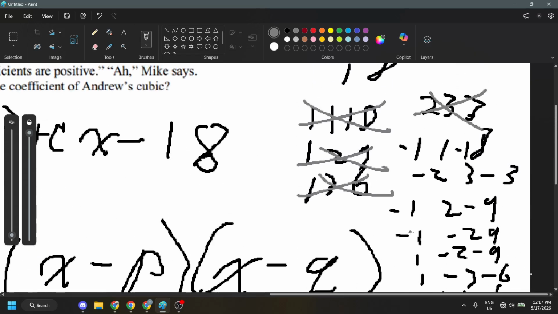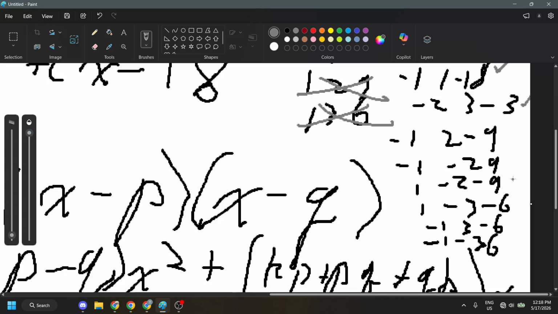If we have 1 minus 18 plus 18, this one works, because these two would cancel out. Okay, 1 minus 2 plus 9, this one works.